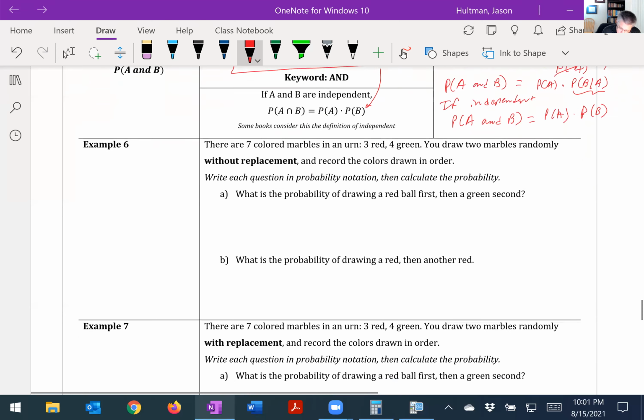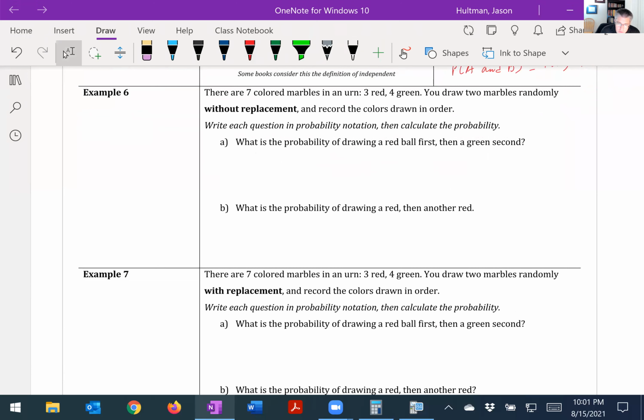Okay, there are 7 colored marbles in an urn. You draw 2 marbles randomly without replacement and record the colors drawn in order.